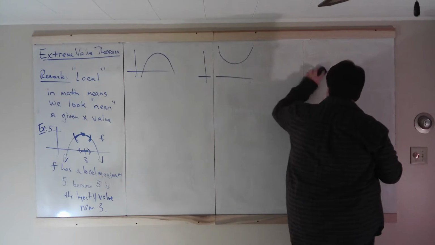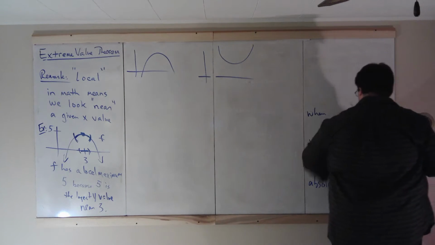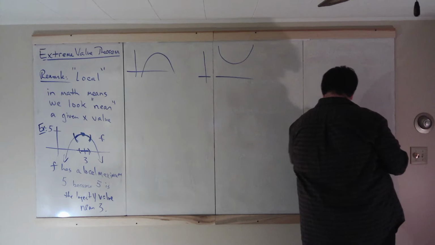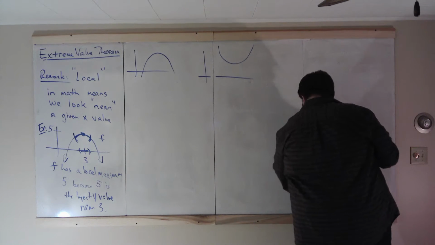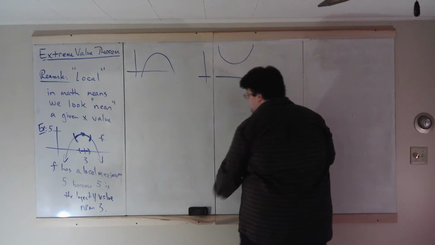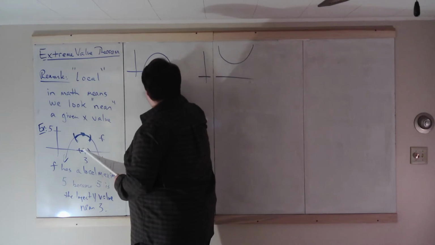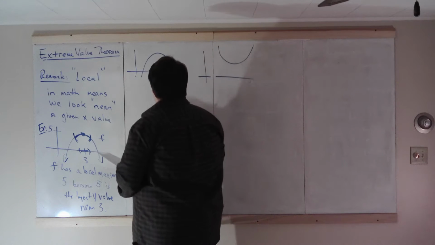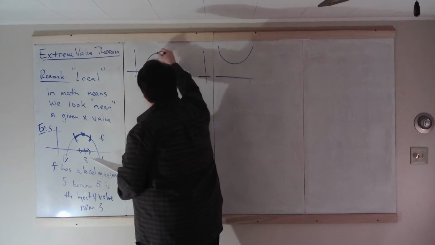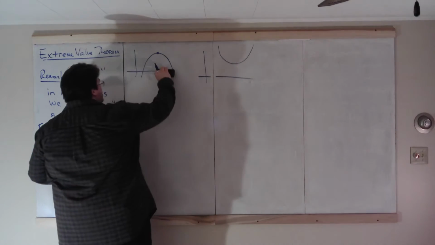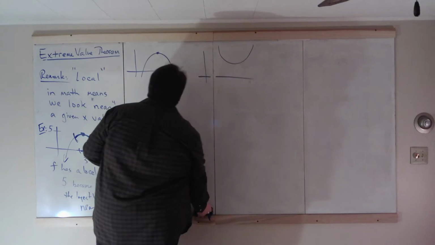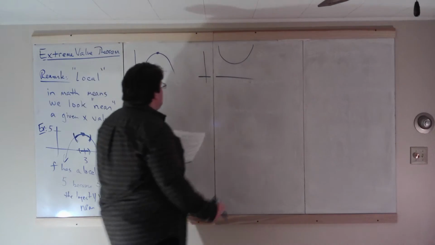In the first case over there, we would have a local maximum. We're not considering absolute yet. Right here, we're just looking at local maximum. Maybe I'll just mark off the point. I don't care necessarily about the x and y values yet. So in that first one, we have that local maximum.